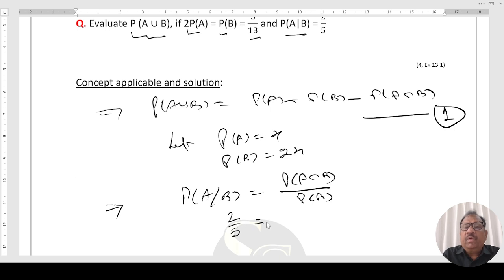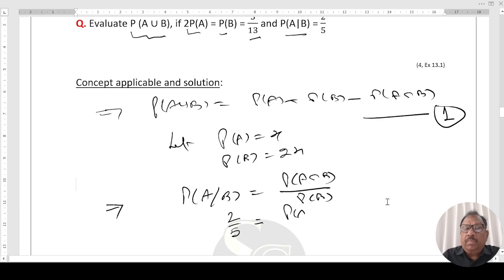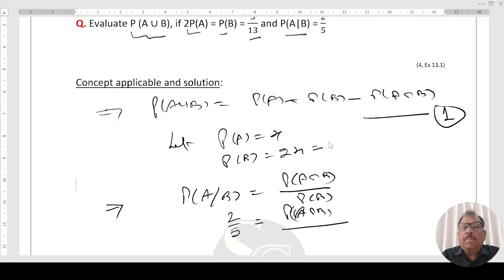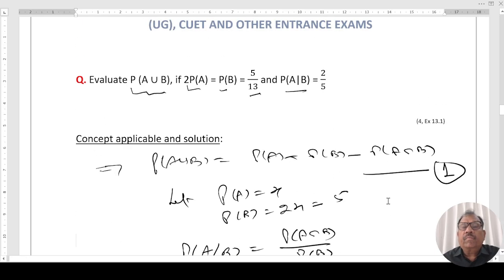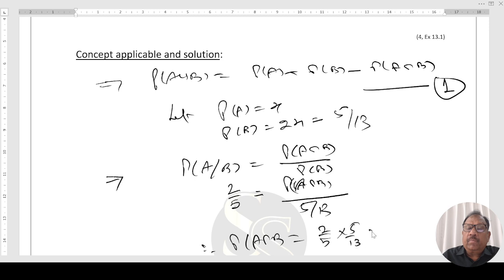So 2 by 5 equals P(A intersection B) upon P(B). P(B) is 5 by 13. Therefore, P(A intersection B) equal to 2 by 5 into 5 by 13, that is 2 by 13.